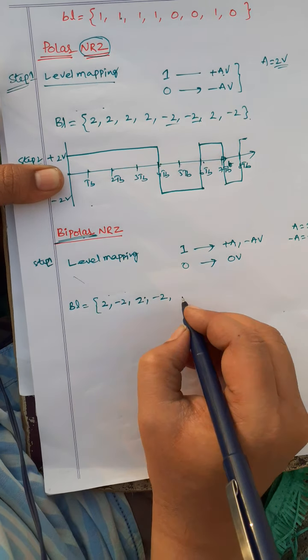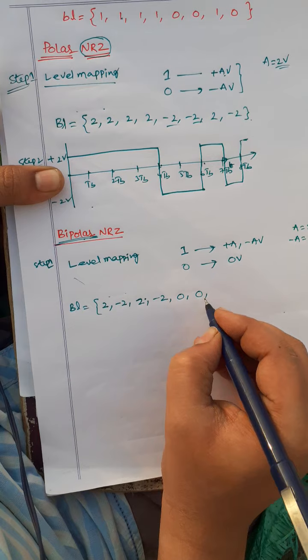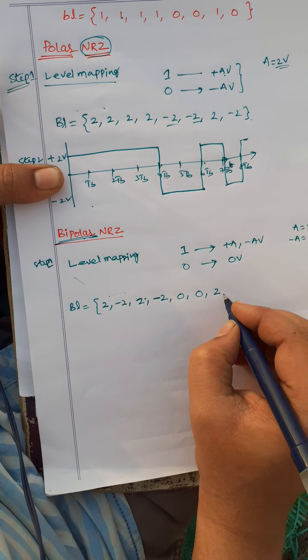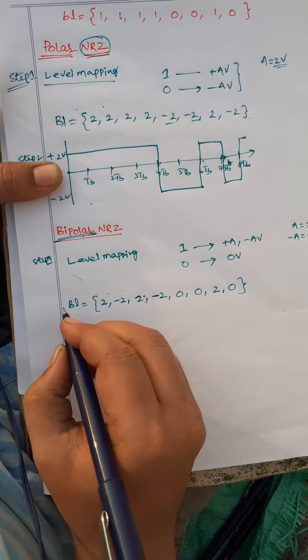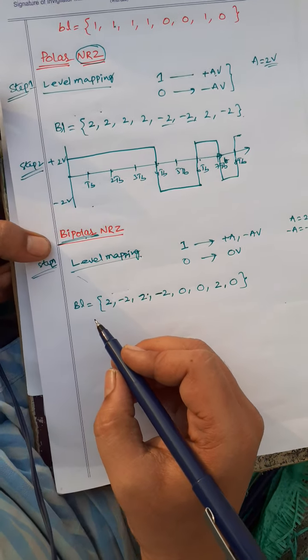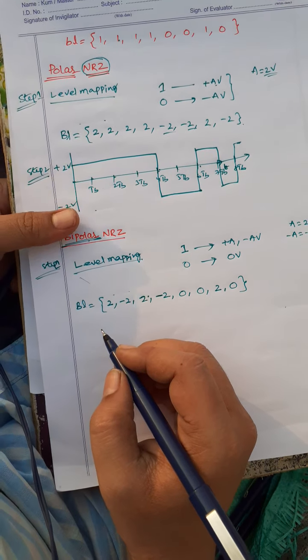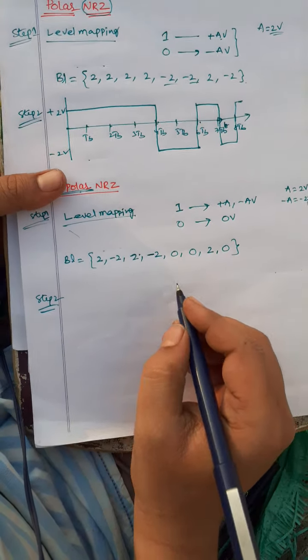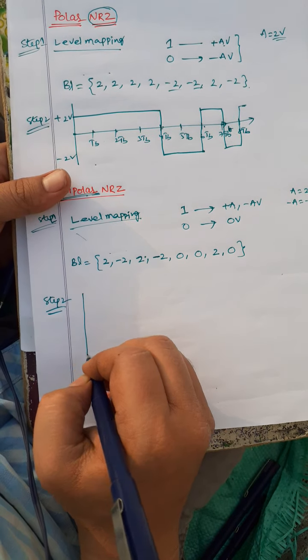Then 0 will be represented as 0 volts. Again minus 2 is completed, again plus 2 volts, 0 voltage. This is the first step, that is level mapping in bipolar NRZ. Right. Now step 2 is, here we have to draw the graph.